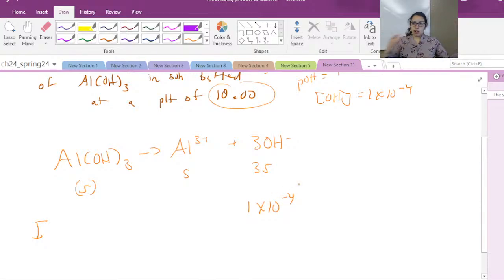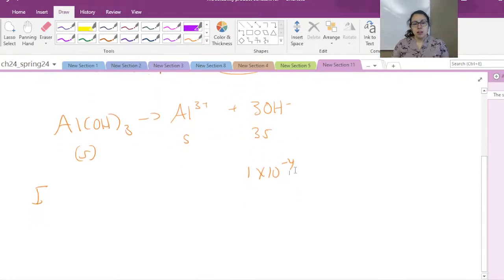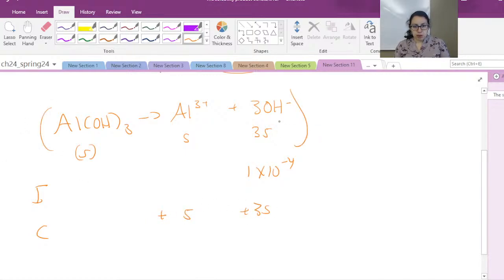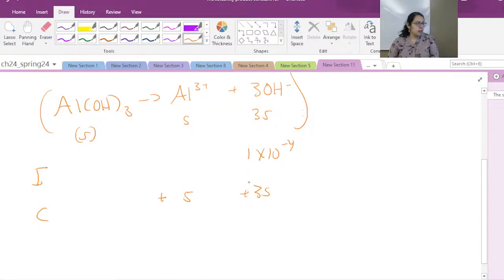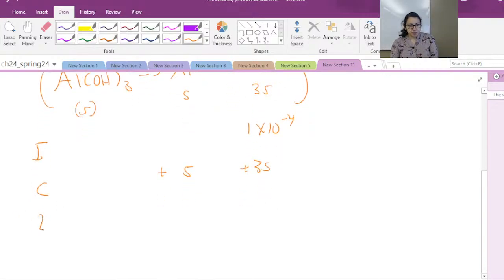Then we need our equilibrium change, so plus S, plus 3S. This is more my side work setup. And then equilibrium: S, and 3S plus our hydroxide concentration.